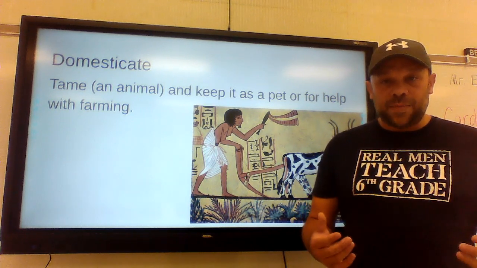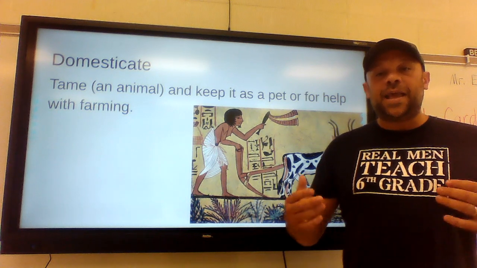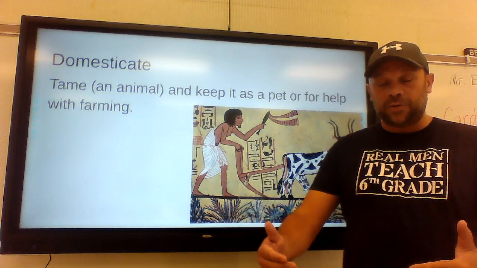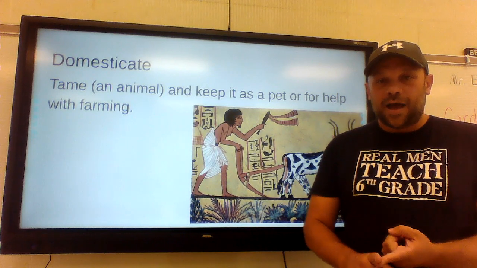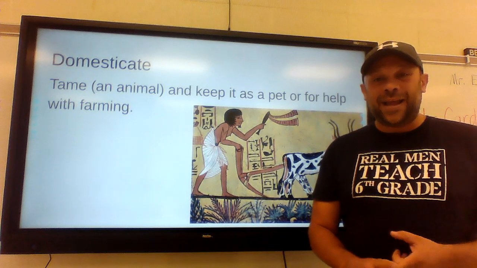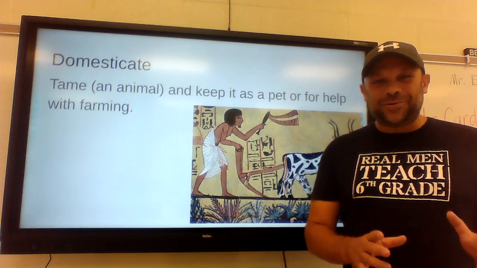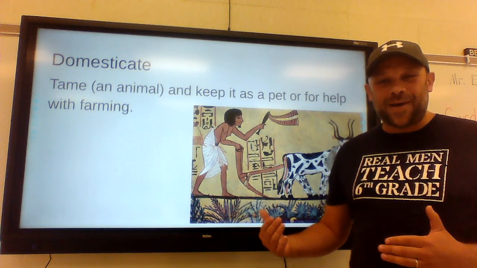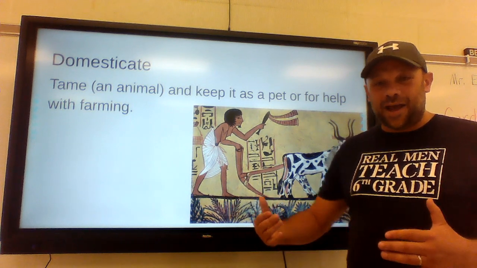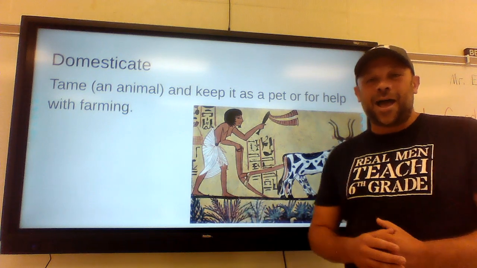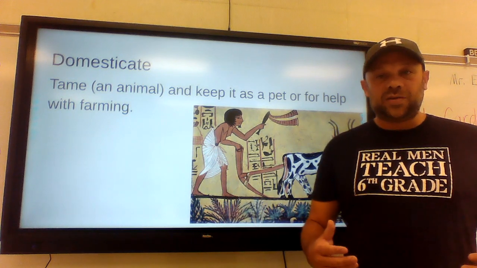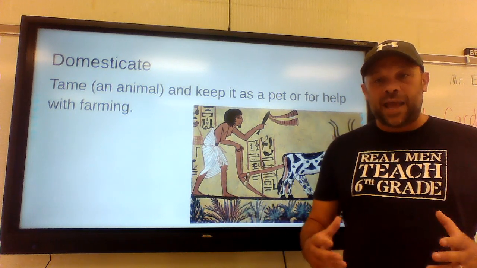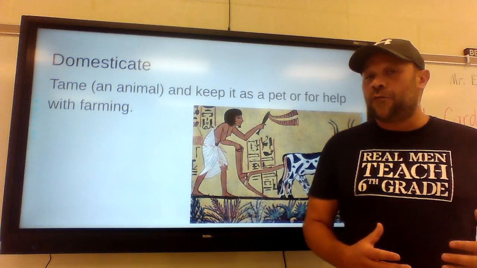As animals were domesticated, life became easier for the people who lived during this period. Farming has not really come into play yet. We're going to talk about the agricultural revolution later on, but you see here on the picture behind me someone using an ox to draw a plow behind them. That's a farming tool, something that we'll see later on as people began to understand how farming worked.